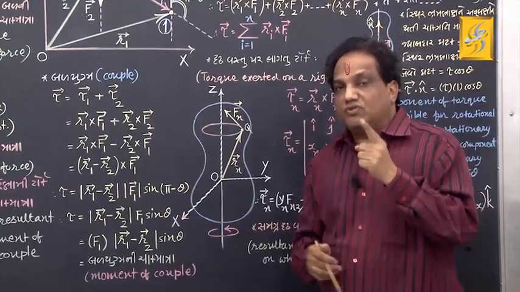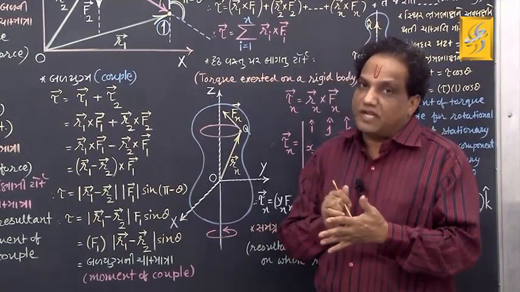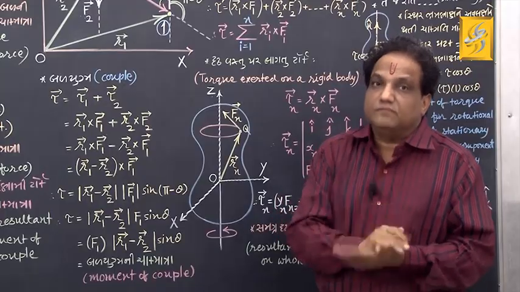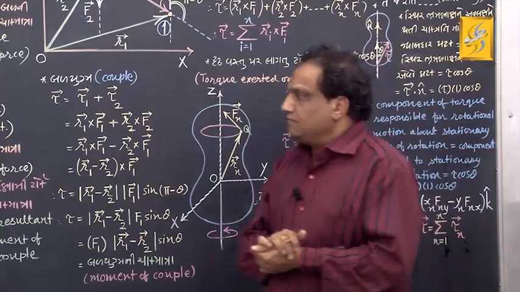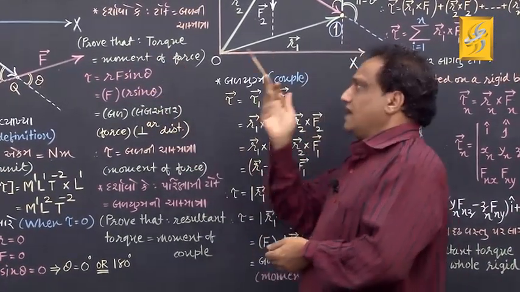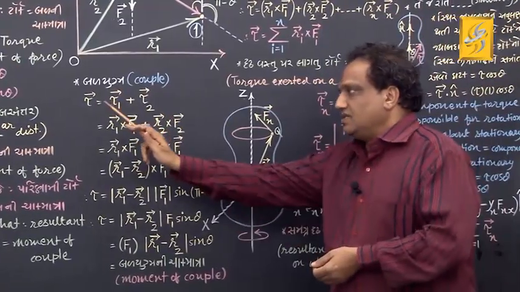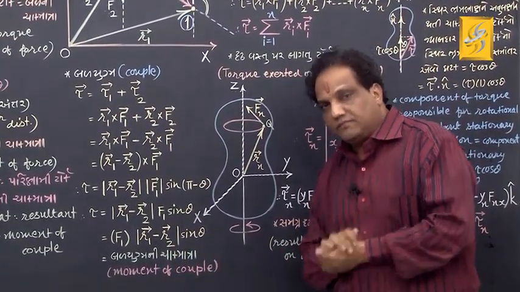But here there was not a single force, there were two forces. So we call this product moment of a couple. Earlier what we had proved, that torque is equal to moment of force, and now we are proving that resultant torque is equal to moment of a couple.